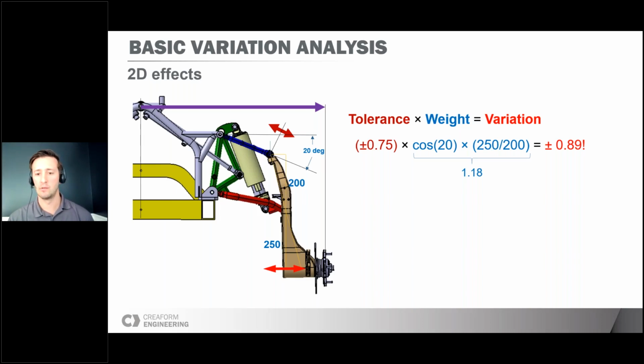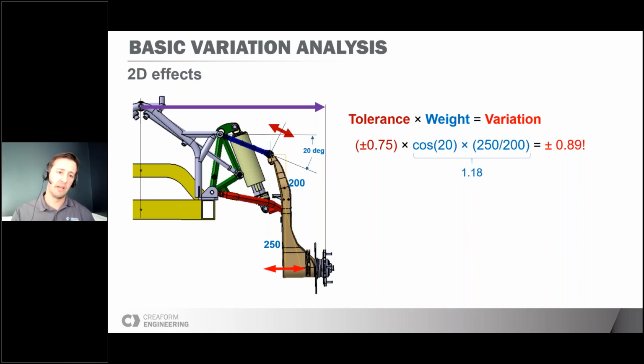And the weight associated to it, you have the angle, which is similar to the lower arm, but you also have a kind of projection effect because of the length of the knuckle. So in reality, your plus minus 0.75 tolerance of the upper arm has an effect of plus minus 0.9 because your weight is almost 1.2.